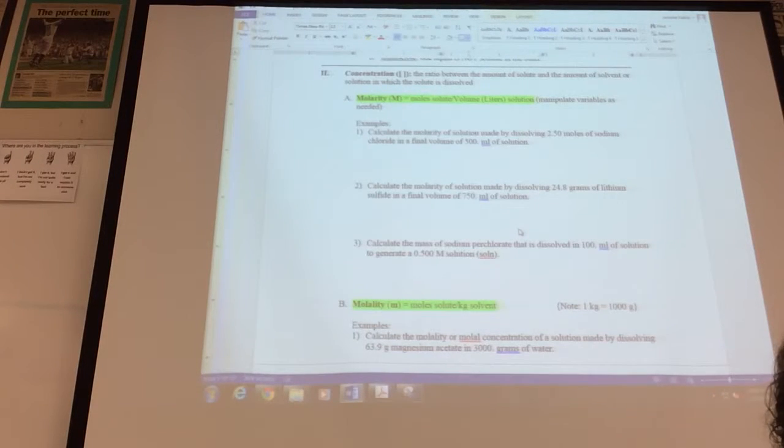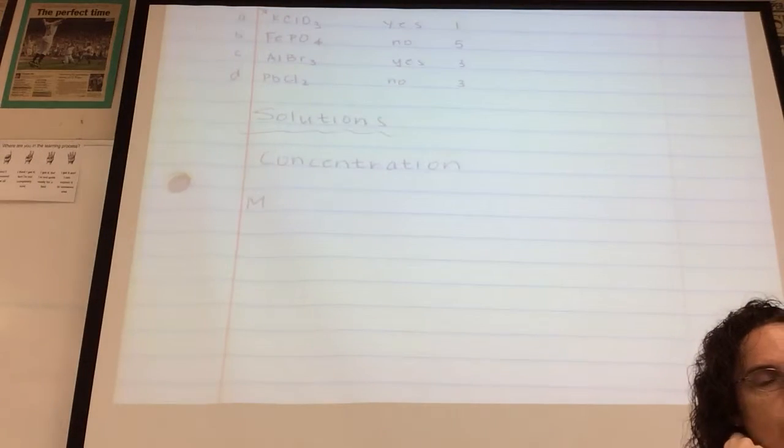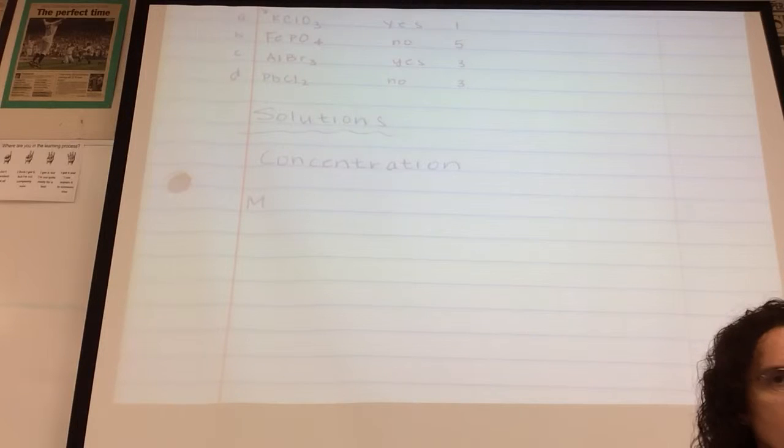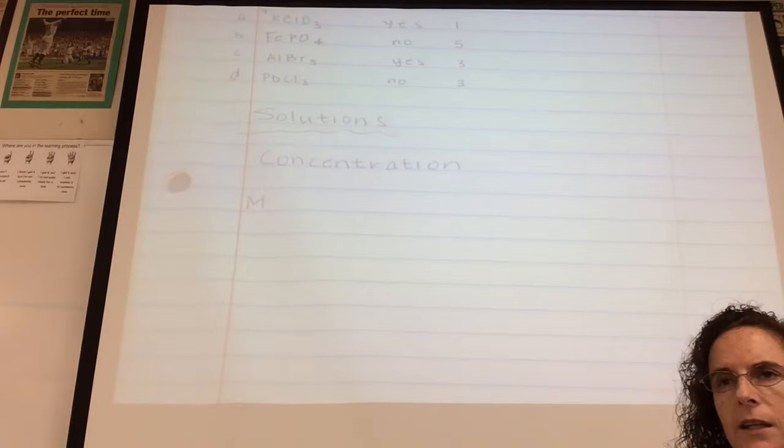In terms of concentration, the first way we're going to represent concentration is molarity. And you probably have seen concentration in environmental management. Have you talked about, for example, parts per million or parts per billion? That's a way that you represent concentration. What did you talk about in terms of parts per million? What were you looking at? Salinity. Salinity?